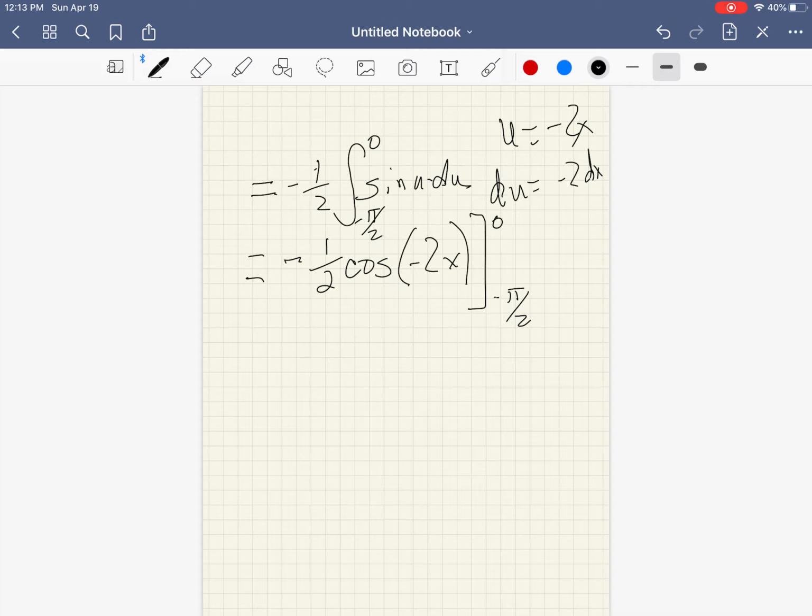The integral of sine of u is negative, but then times this again will make it positive.